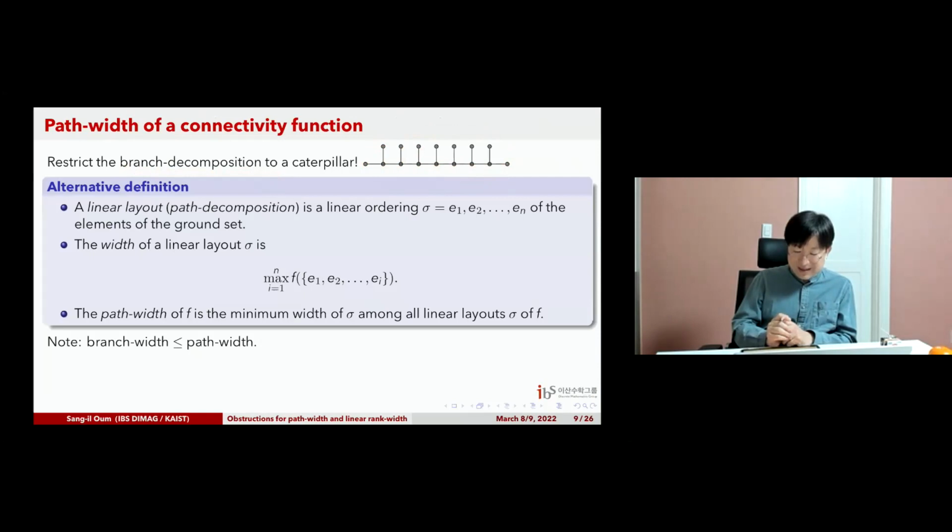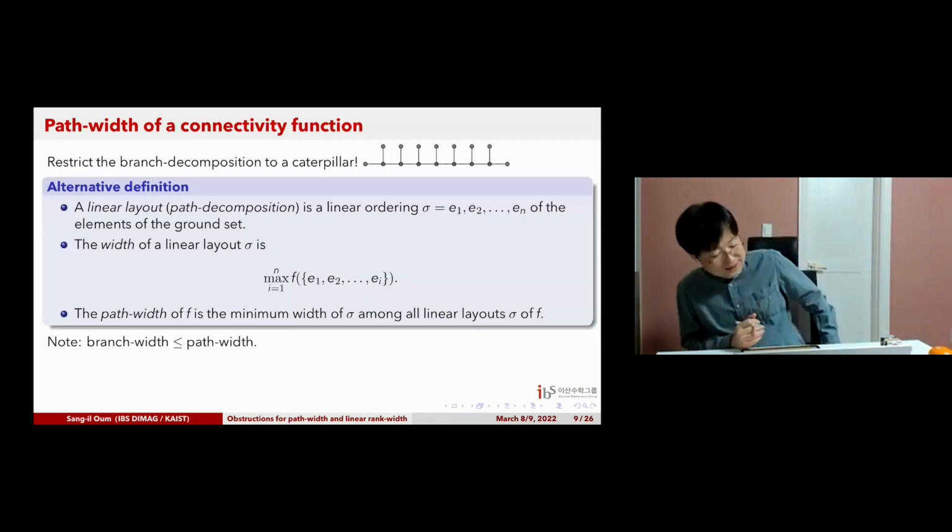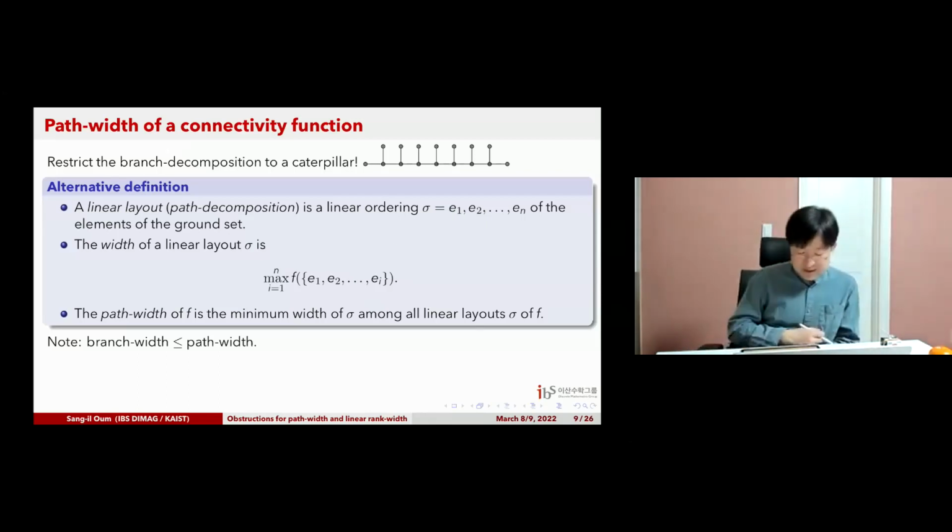If we restrict to these caterpillars, then the branch width becomes the path width of the connectivity function. But here's an alternative definition. Normally for these leaf edges, we don't really care about the width, because the width of single elements is usually small. It's almost 1 for matroids.